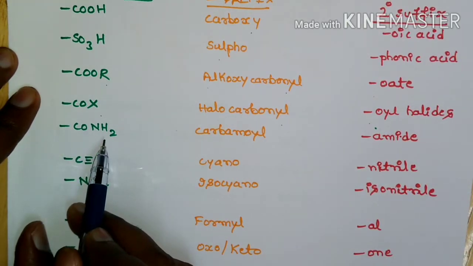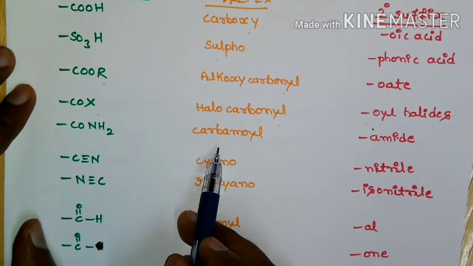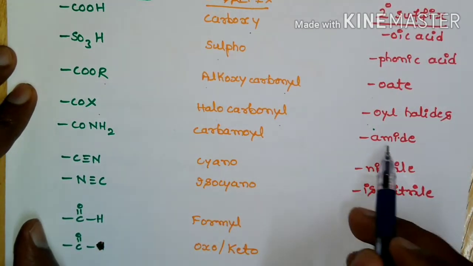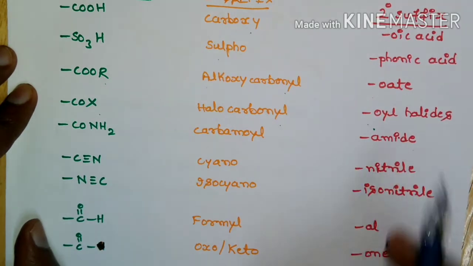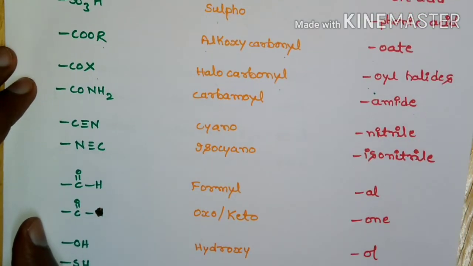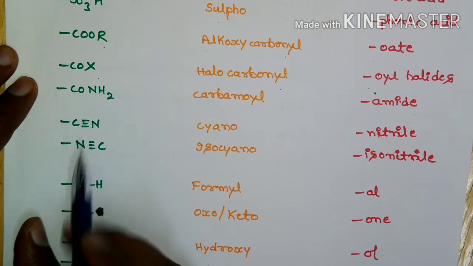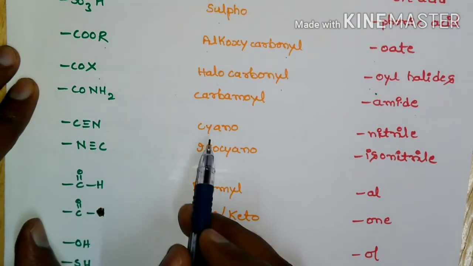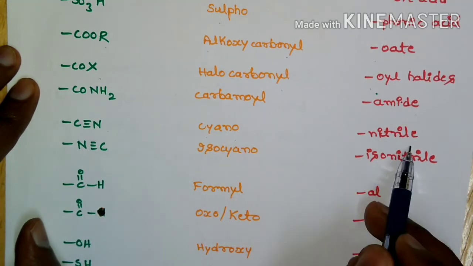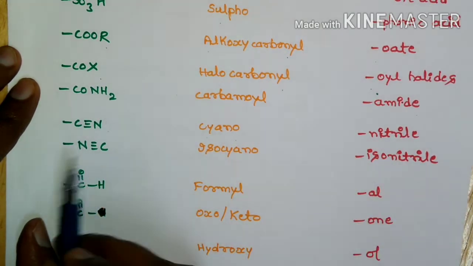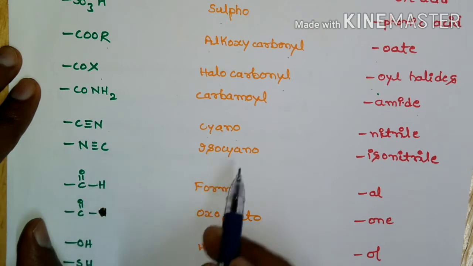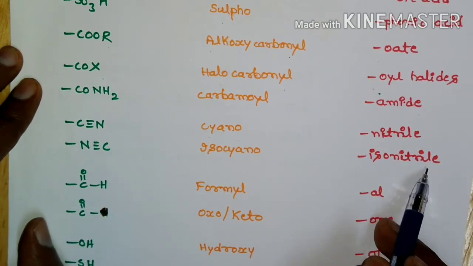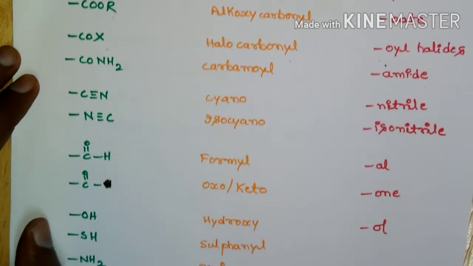Next is CONH2, with the prefix carbamoyl and the suffix amide. Then there are two triple bond groups: C triple bond N is called cyano, with the suffix nitrile, and N triple bond C is called isocyano, with the suffix isonitrile.